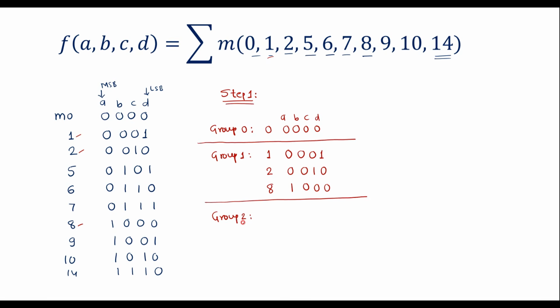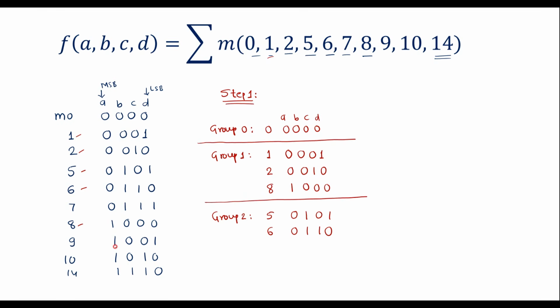Now I will consider group 2, the numbers which have 2 ones. In 5 we have 2 ones, so I consider minterm 5: 0, 1, 0, 1. Similarly in 6 there are 2 ones: 0, 1, 1, 0. In 7 we have 3 ones, so ignore it.